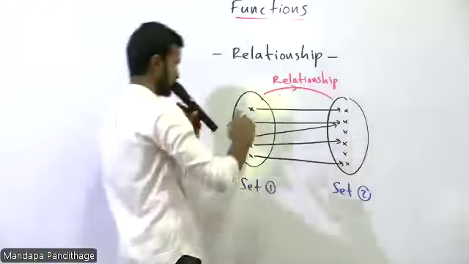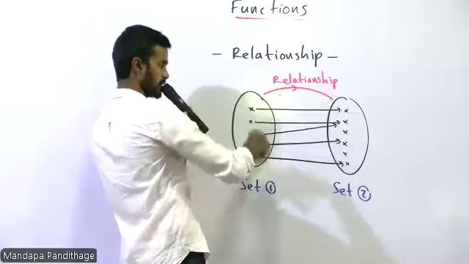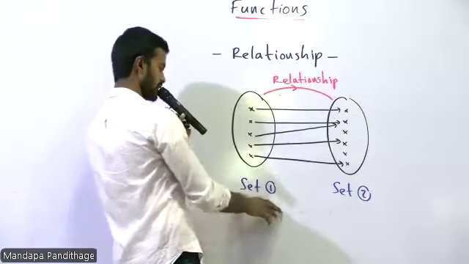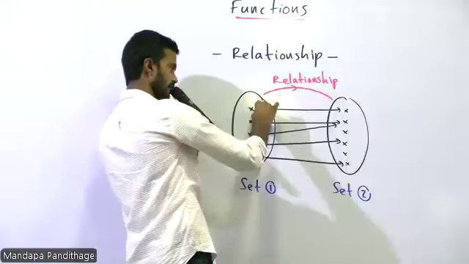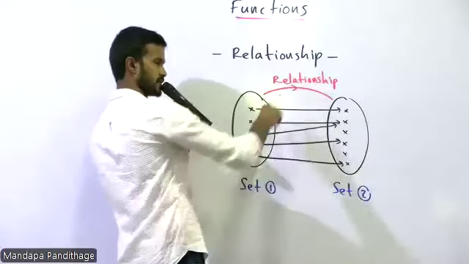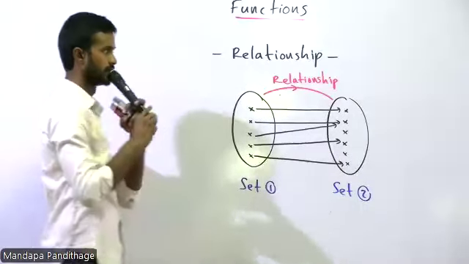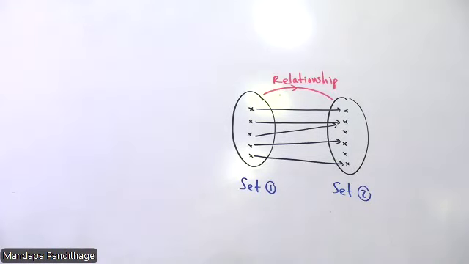Then just draw this roughly. We have set 1, we have set 2. Here the elements of this set have been assigned to the elements of the other set using this relationship. So this is what we term as a relationship.